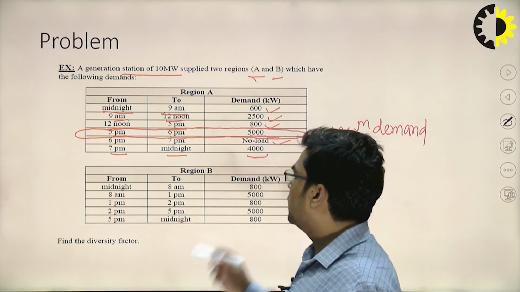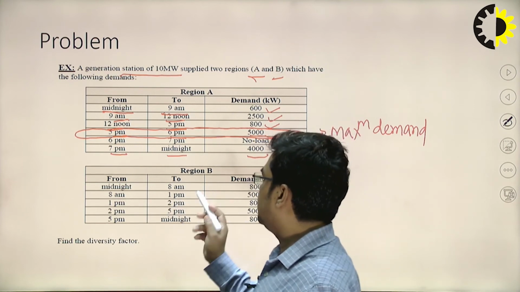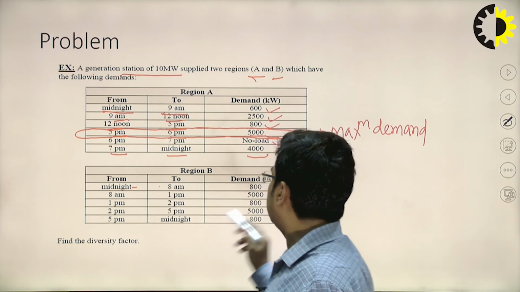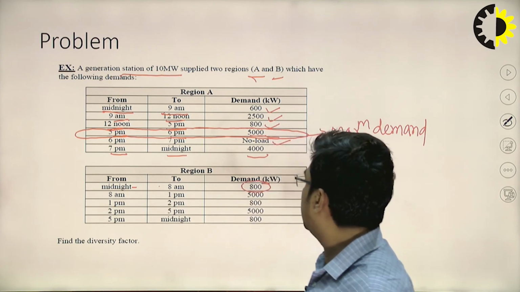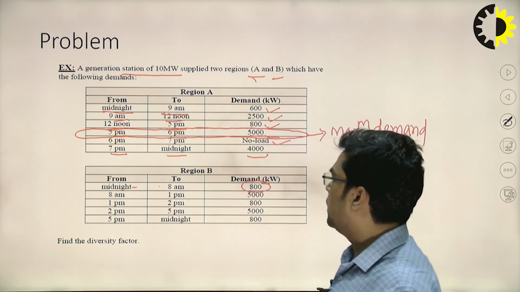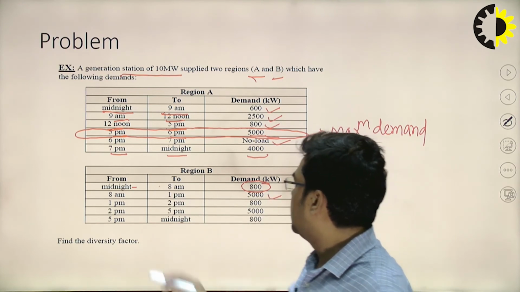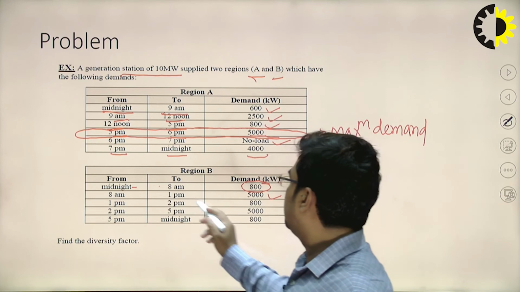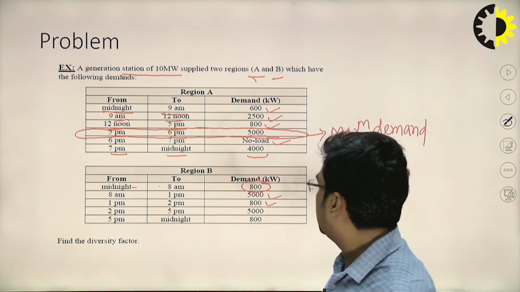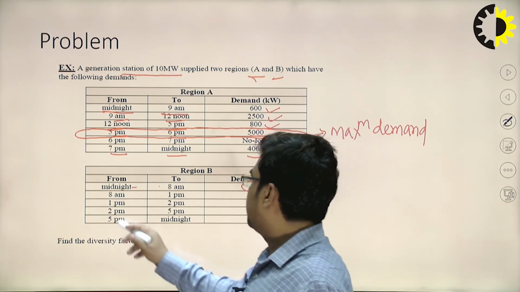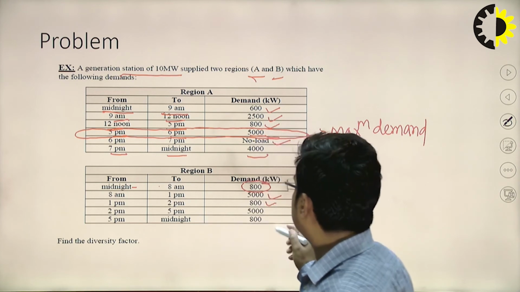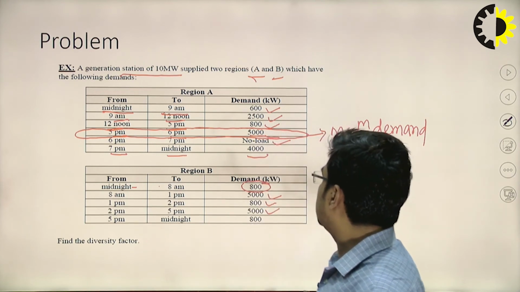And in the other region, region B, let's suppose from midnight to 8 AM it is 100 kilowatt. From 8 AM to 1 PM, 5000 kilowatt. 1 PM to 2 PM, 800 kilowatt. From 2 PM to 5 PM, again 5000 kilowatt.